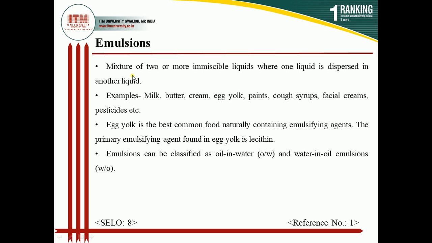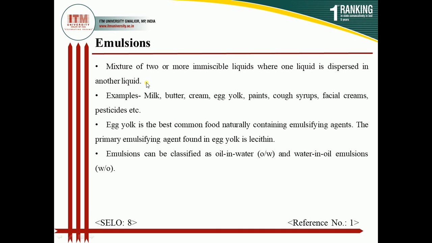Next is the emulsion. Emulsion is a mixture of two or more immiscible liquids where one liquid is dispersed in another liquid. The meaning of immiscible is that when we pour oil in water, then water and oil, these both are immiscible solutions.